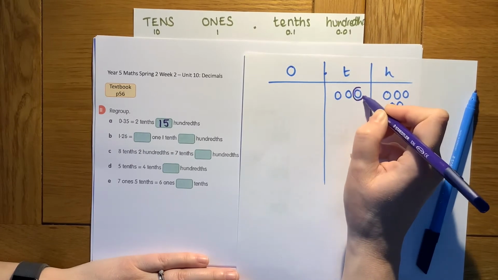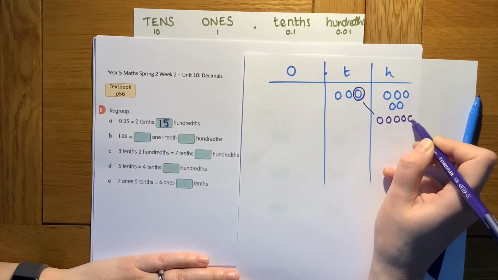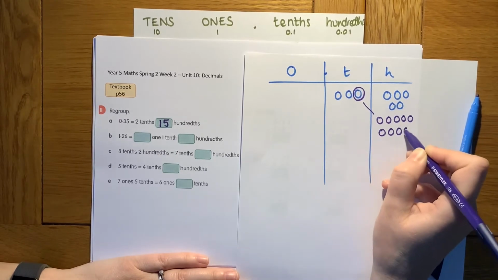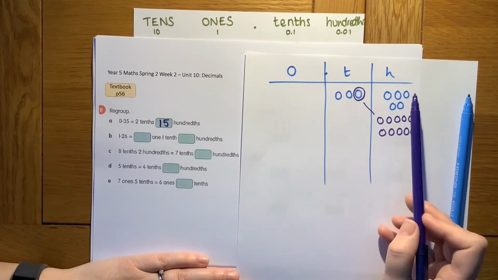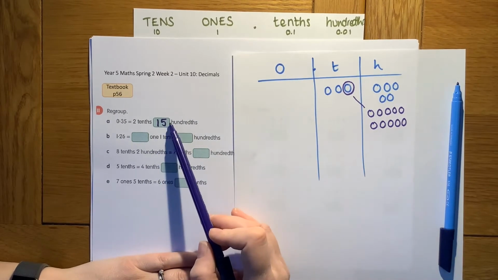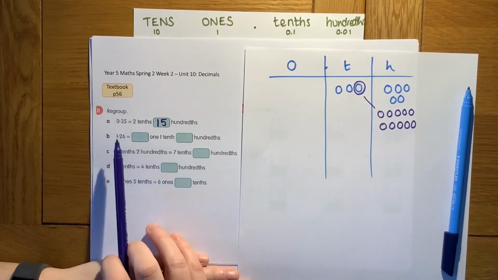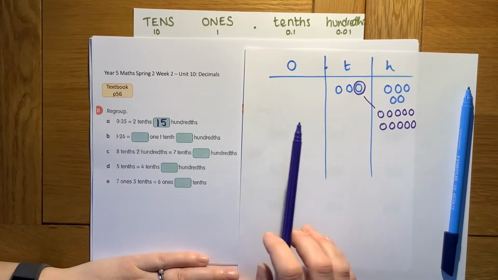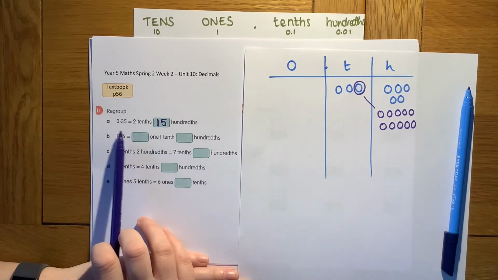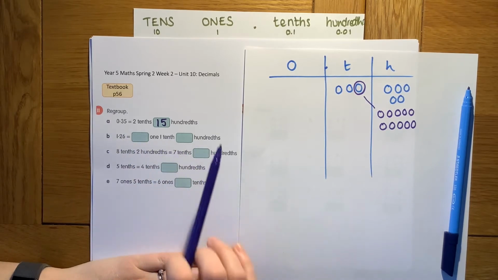I'm going to regroup it for 10 hundredths, which would look like this. So what I've ended up with are 2 tenths and 15 hundredths. And you can do that for all of these if you want to. You could draw them. So do what I've done. Do your place value grid. Draw in your counters to represent the first number, and then see what they want to happen with the others.